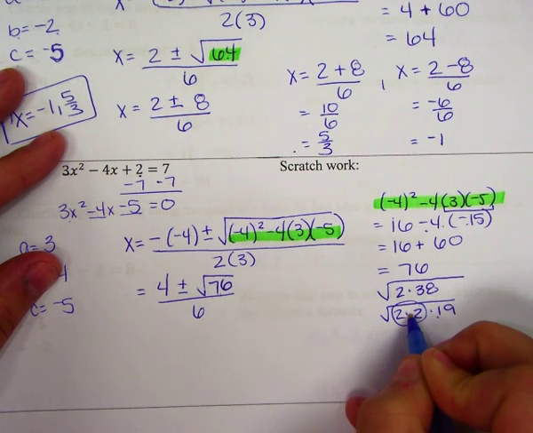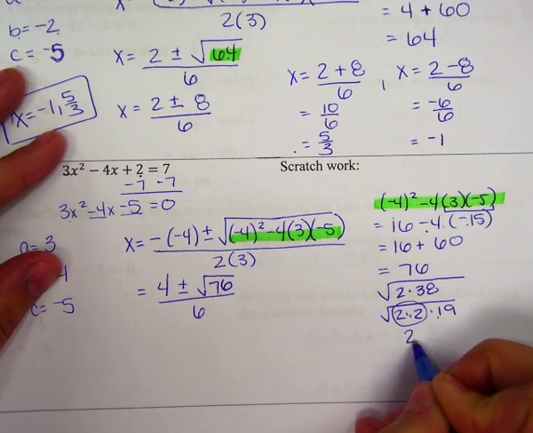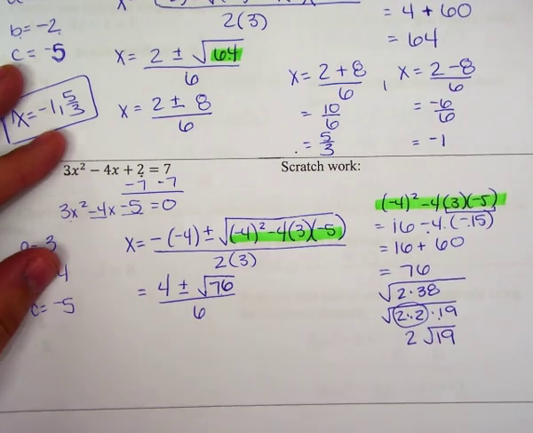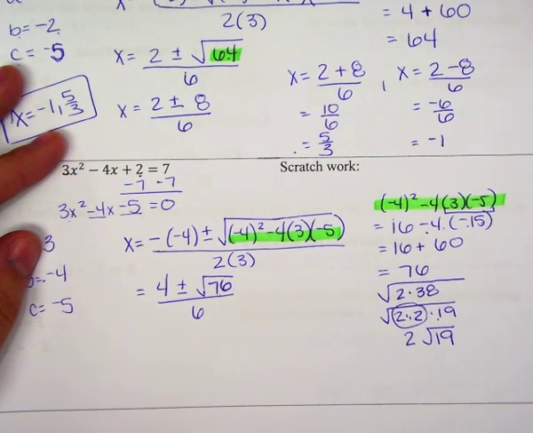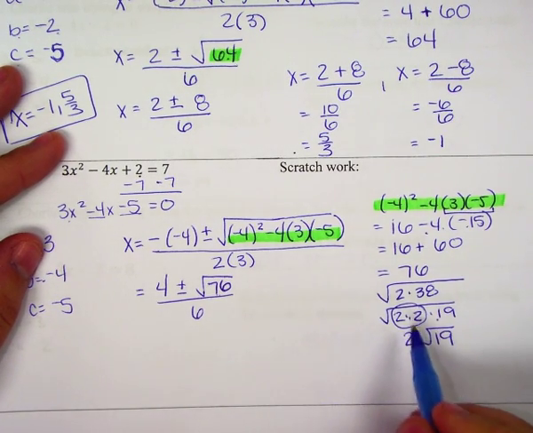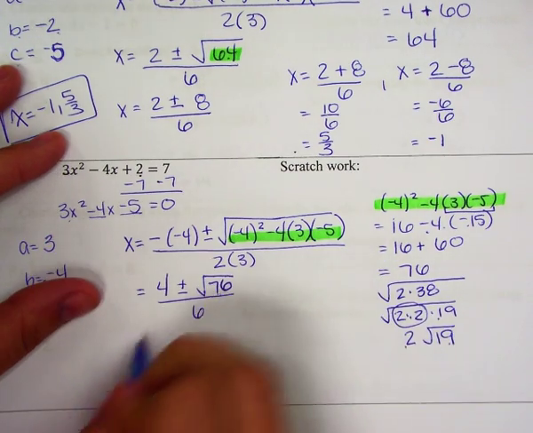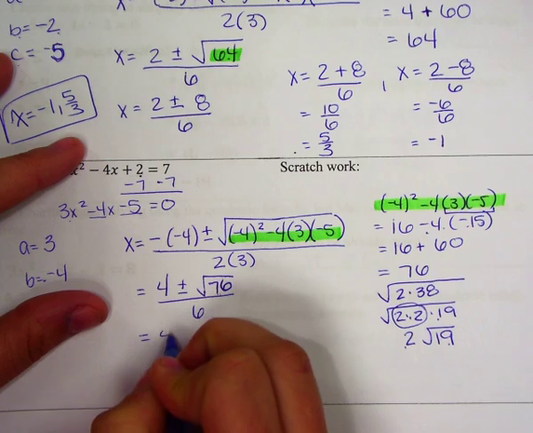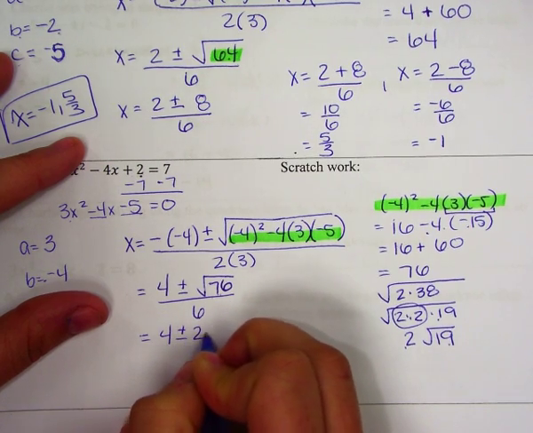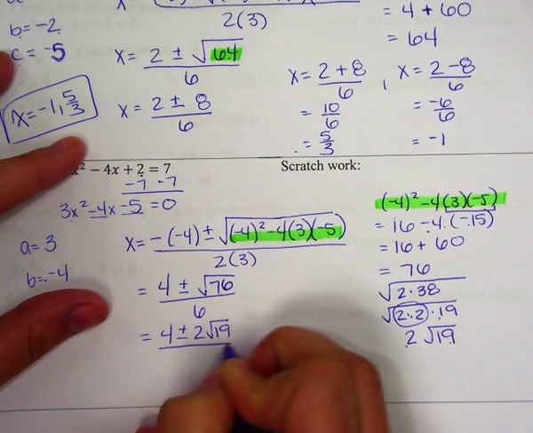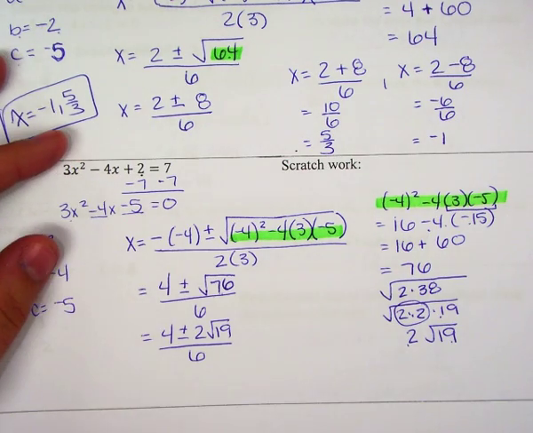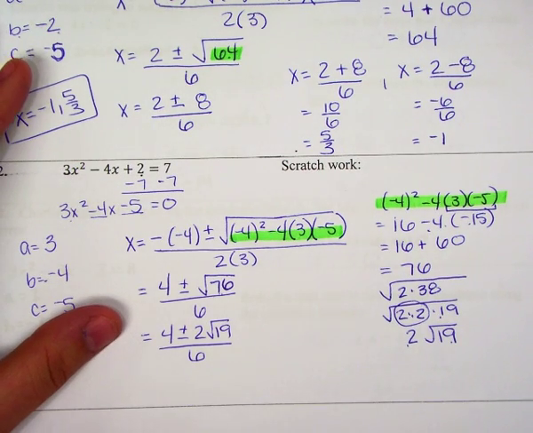So the square root of 4 is 2, and there's still a square root of 19. Every time there are two of the same number, you remove one of them. So I'm going to replace square root of 76 with 2 square root of 19. Now we actually need to simplify this.